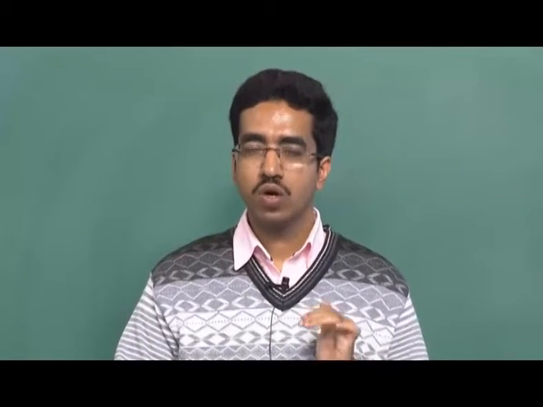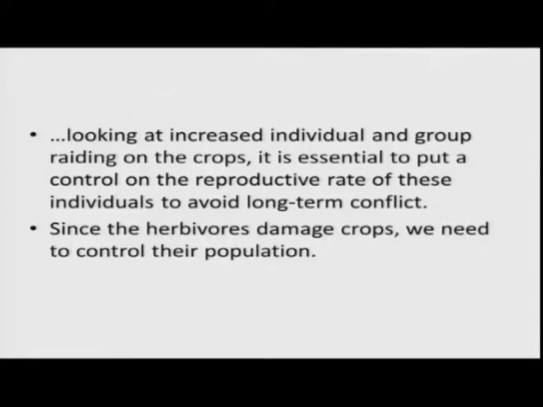Let us look at one more example. This is again from the same report. Let us read it. Looking at increased individual and group raiding on the crops, it is essential to put a control on the reproductive rate of these individuals to avoid long term conflict.